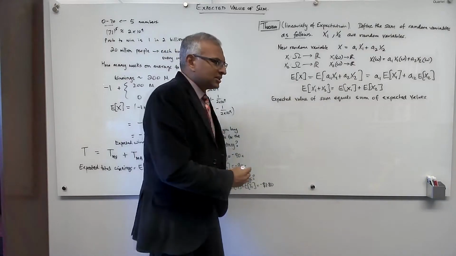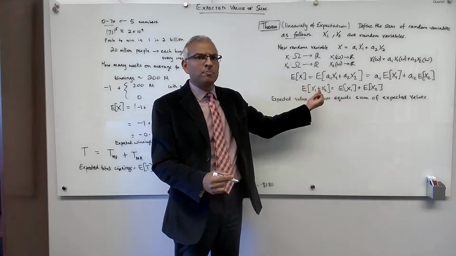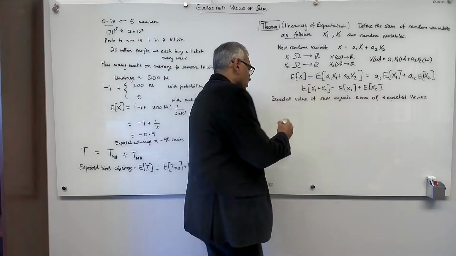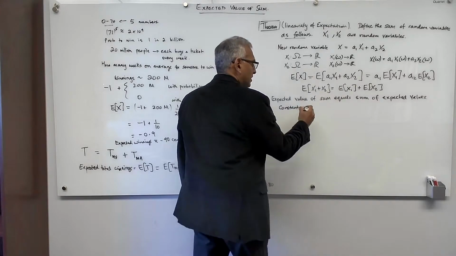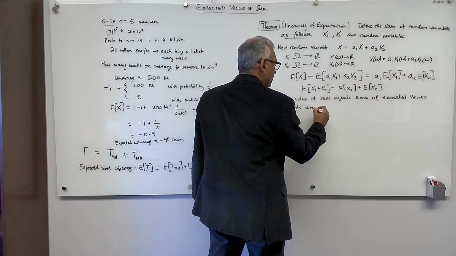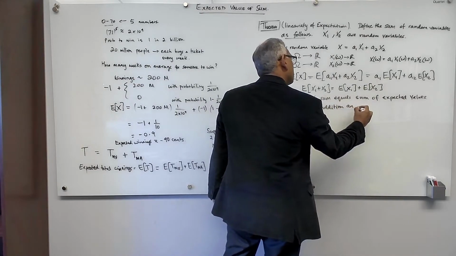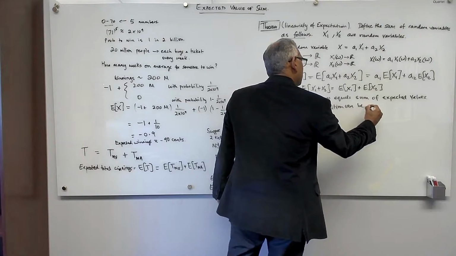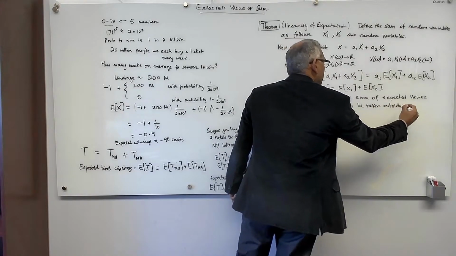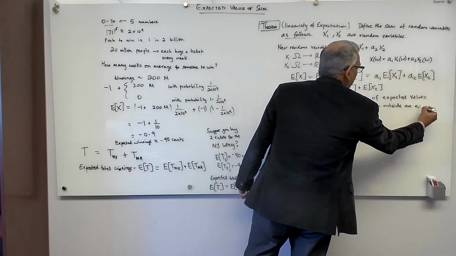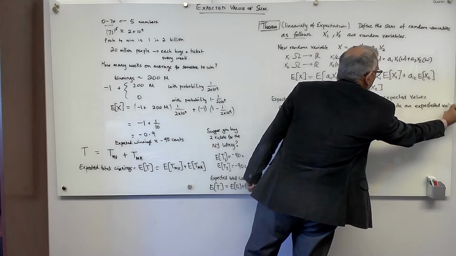Now, mathematically, what this means is that you can take an expectation into a sum or pull it out of a sum. So constants and addition can be taken outside an expected value.